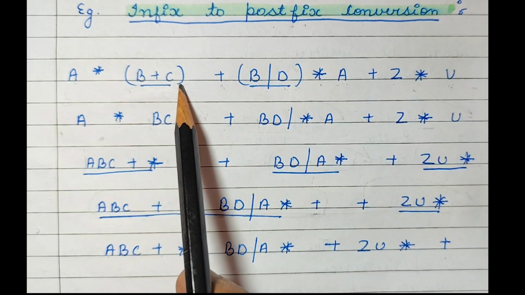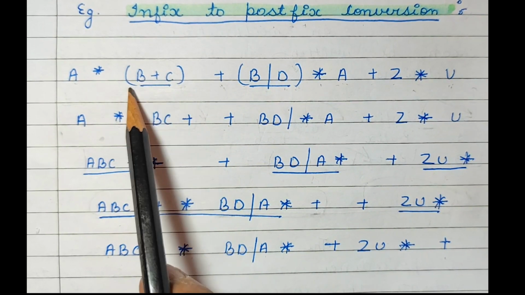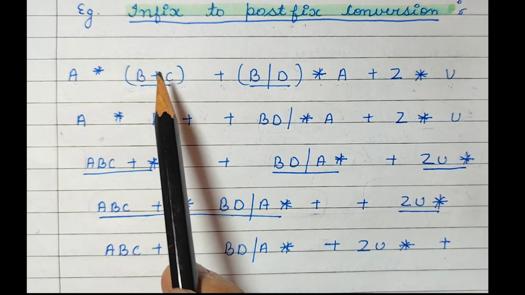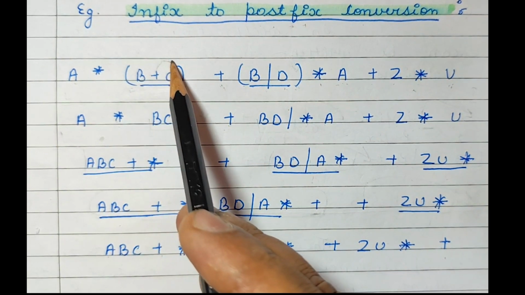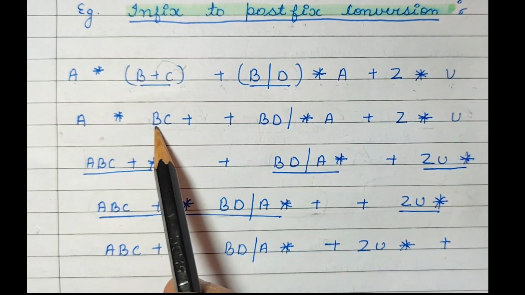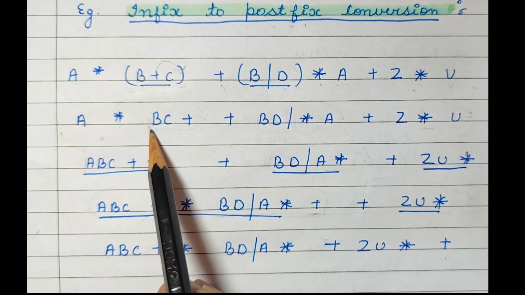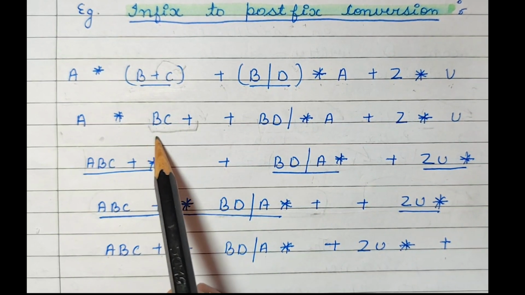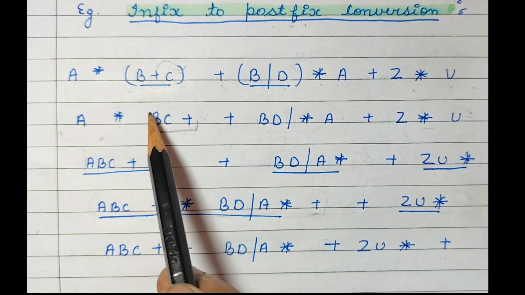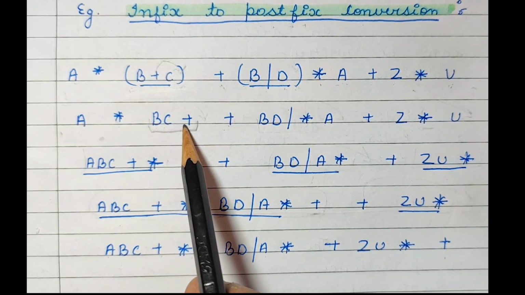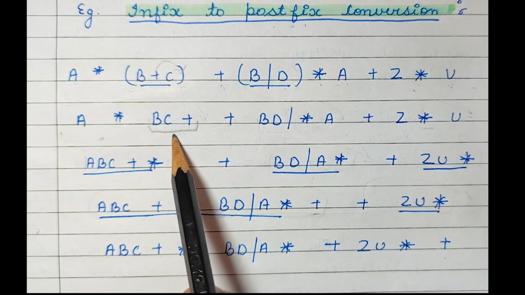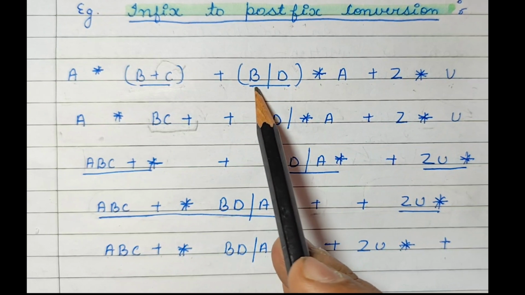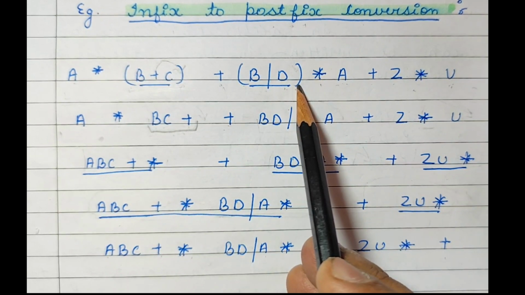So first we evaluate the brackets because bracket have higher priority. So plus moves after the operands here. So it becomes BC plus. Now this BC plus collectively becomes a single operand. After this we evaluate this b divided by d bracket.